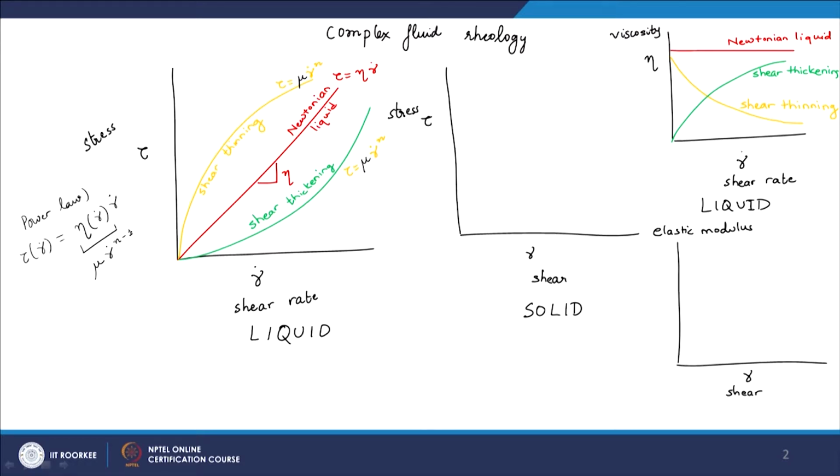So, now you can see when n is equal to 1, then we get mu, that is constant. So, we have a Newtonian liquid.